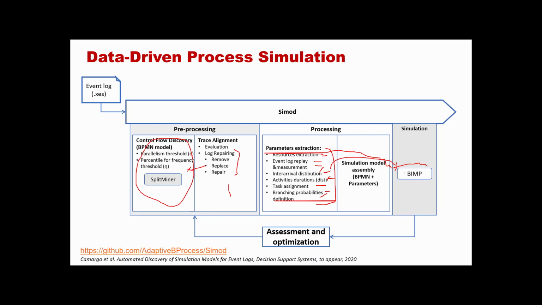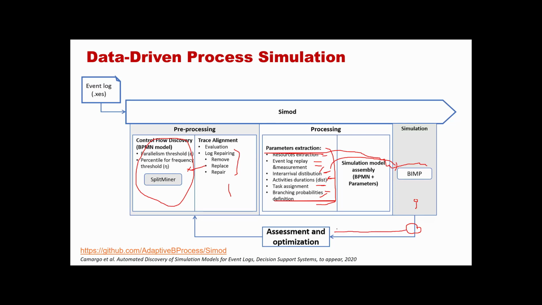So what Simod is doing is that it takes every simulation model, it makes it generate one or more logs, it compares it against the real-life log, the ground truth, and it computes a loss function. In this case, it's a distance metric.